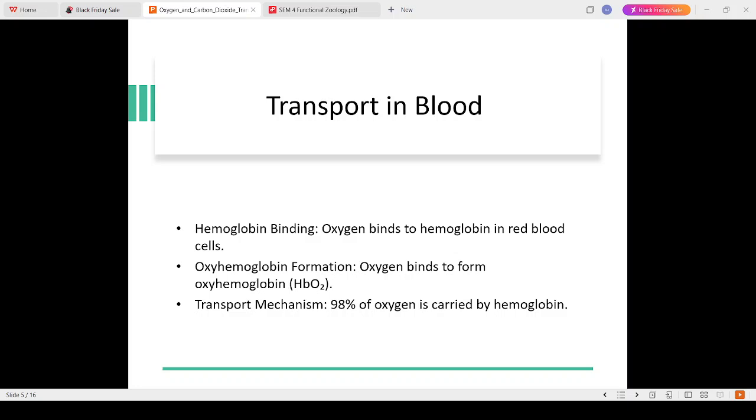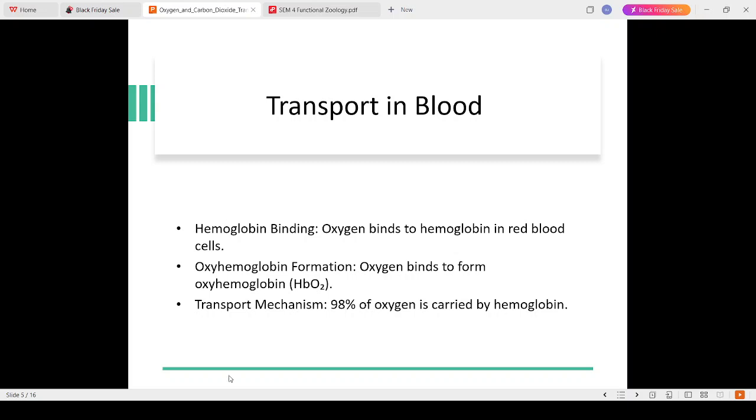When oxygen and hemoglobin combine with each other, this is the oxygen and this is the hemoglobin, and this is the RBC, and in the RBC there will be hemoglobin. Here you can see that oxygen molecules are attached with the hemoglobin in the RBC, and that hemoglobin with which oxygen is attached is known as oxyhemoglobin.